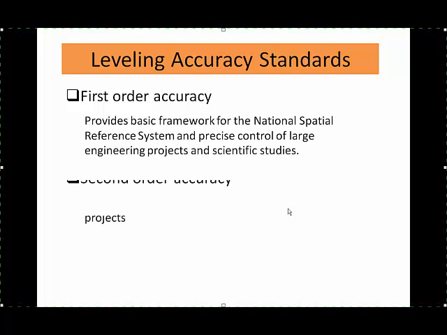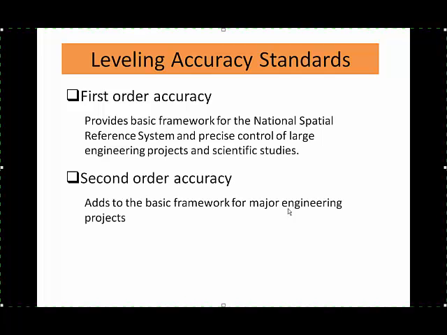If I compare that to second order accuracy, first order is a higher accuracy. Another way of looking at it is those benchmarks which have first order accuracy have been measured more precisely and more accurately than second order accuracy benchmarks.